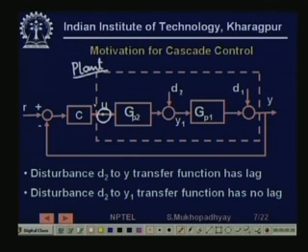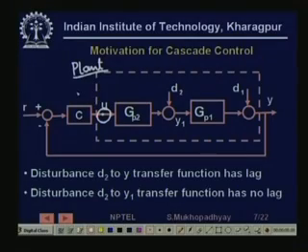So the reactor has some space in its wall, and you circulate coolant through that space so that you can cool the temperature of the reactor. This happens for exothermic reactors where the reaction itself produces heat. So the input is the steam flow rate, and the output is the temperature of the reactor which you want to control.